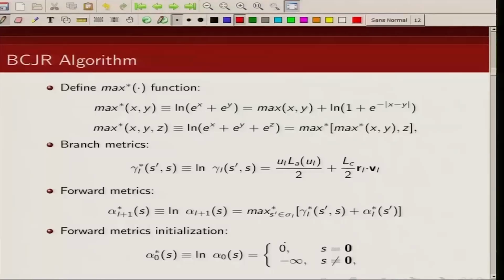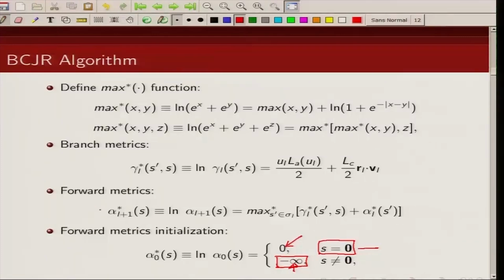So when we take the log of that, for the initial state 0, log of 1 becomes 0, and for the probability of its being in all other states, this becomes minus infinity.